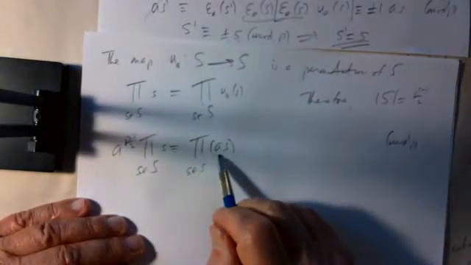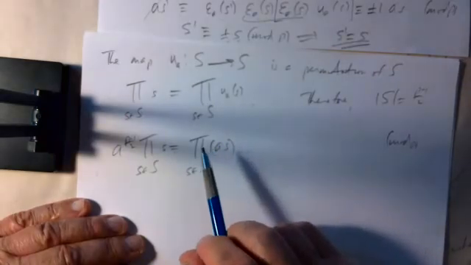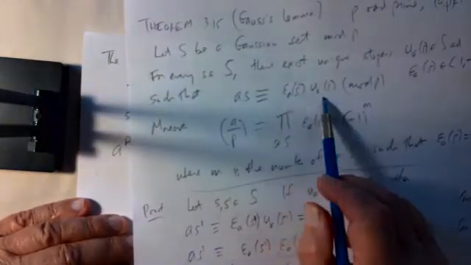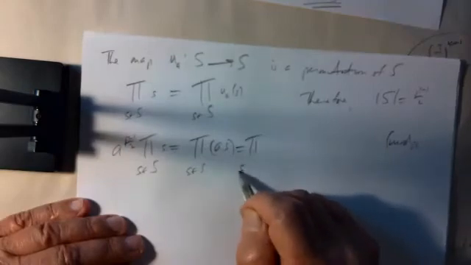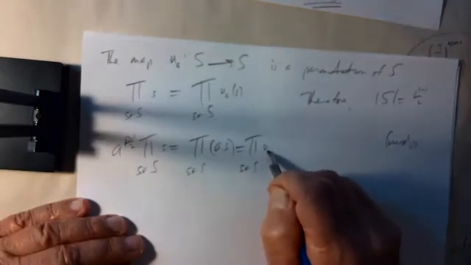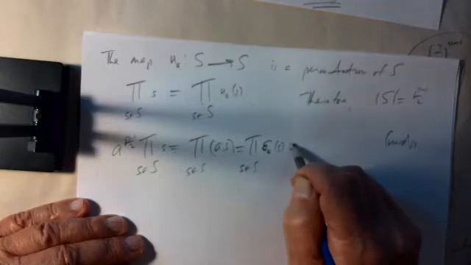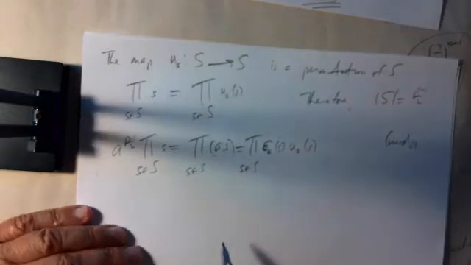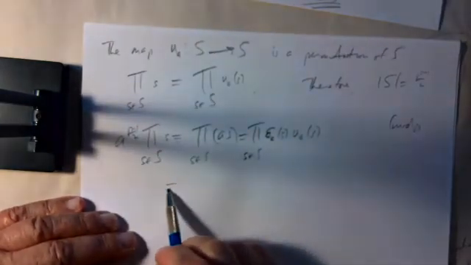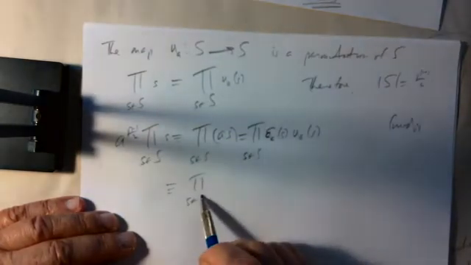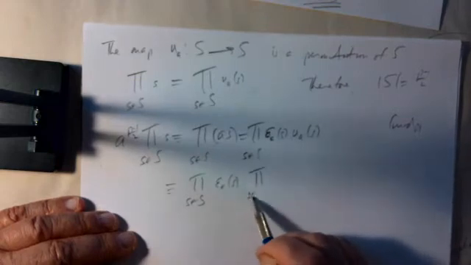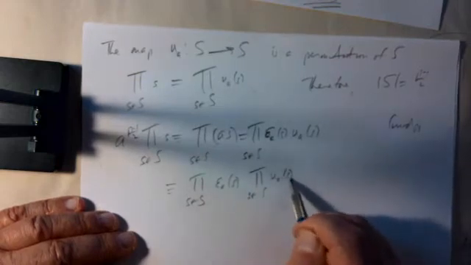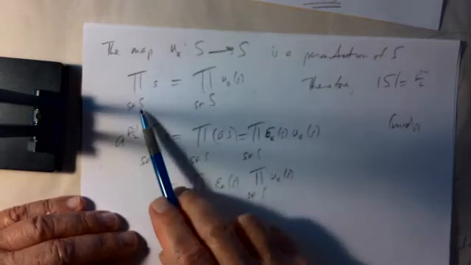And as we can write as plus or minus 1 times u sub a of s. This is the product for all s in S of epsilon sub a of s times u sub a of s. So this is the product for all s in S of epsilon sub a of s, times the product for all s in S of u sub a of s, which is the same as this.